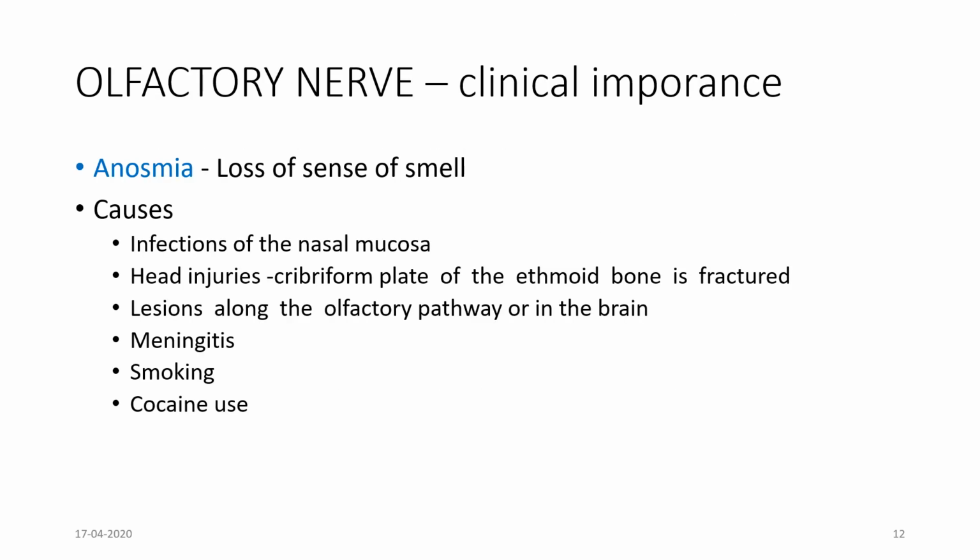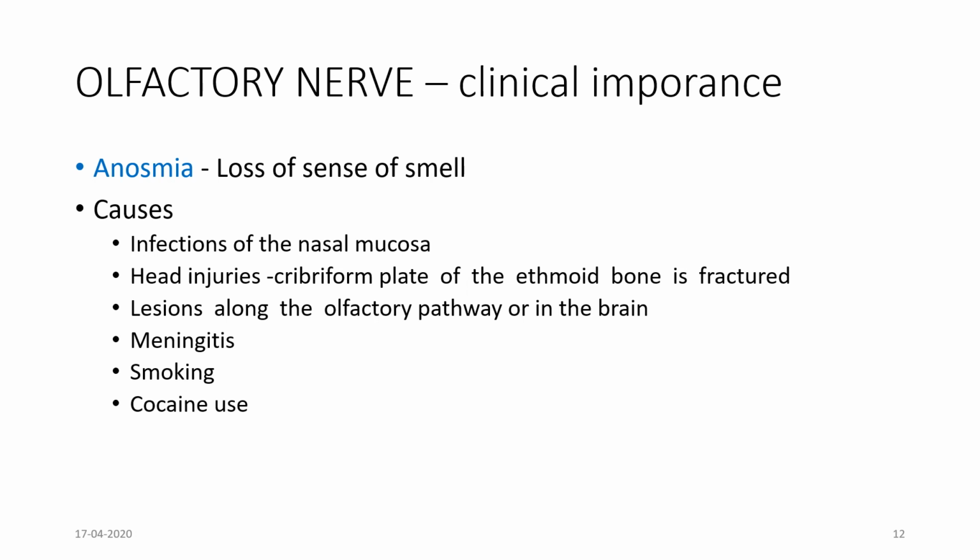After learning the components of the olfactory apparatus and olfactory pathway, what is the clinical importance of the olfactory nerve? There is a condition called anosmia, which is the loss of sense of smell. What could be the causes of anosmia, that is, loss of sense of smell?